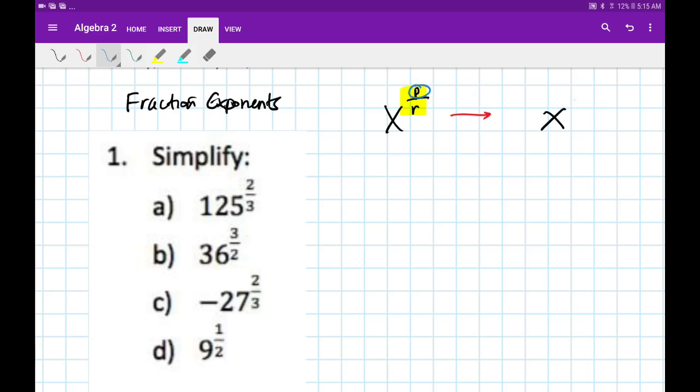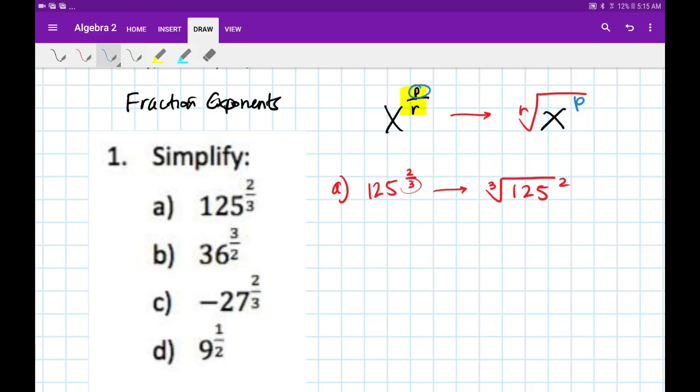P will stay the power, and then the denominator, which is r in this case, comes outside as the root of the function. Okay? So for example, in A, 125 to the power of 2/3 gets rewritten as the cubed root, see I took the denominator out, of 125 squared.